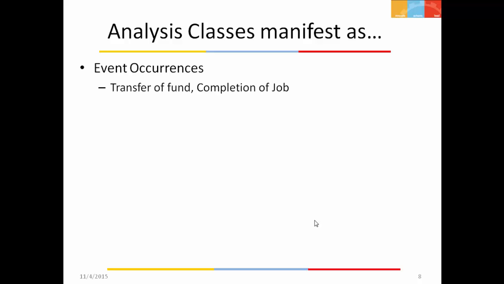Let's continue. Things like event occurrences, transfer of fund, completion of job, these are all tasks or event occurrences, but they are important event occurrences which are going to contribute to different analysis classes.